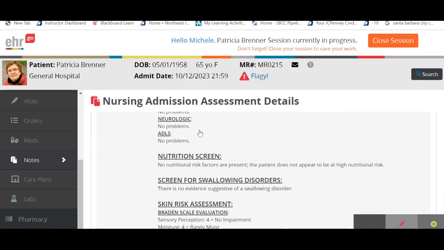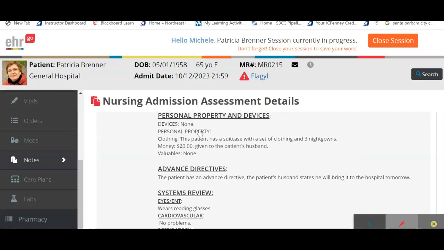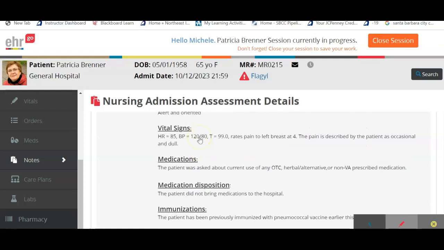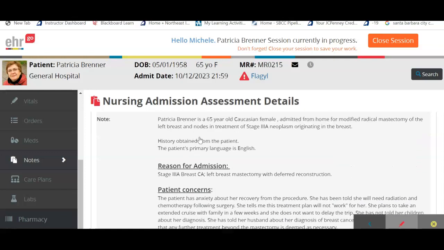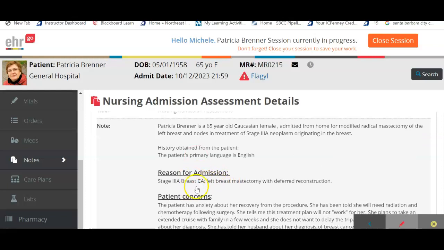Sorry about that, a little bit too far. Oh, reason for admission, sorry about that. I didn't go with mastectomy with deferred reconstruction just because that's going to be a procedure. We want to just go with the breast cancer.